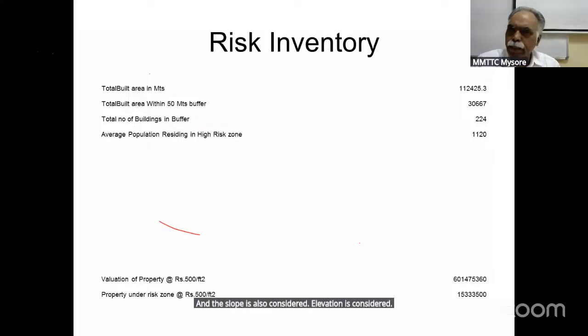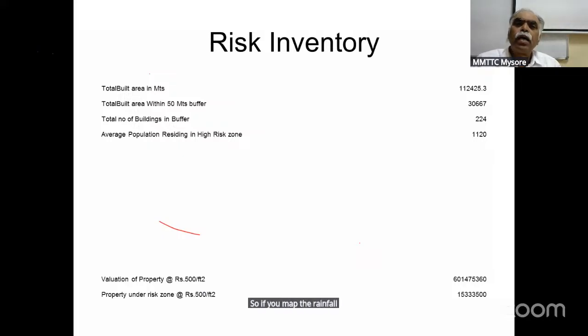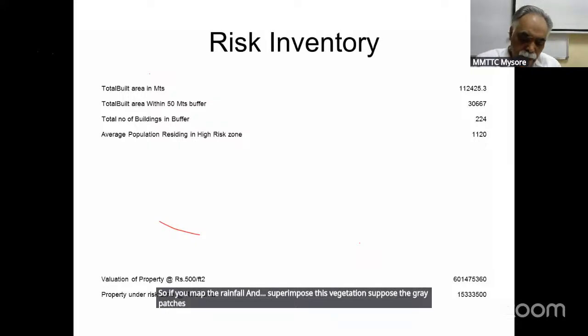Rainfall data is considered. So if you map the rainfall and superimpose this vegetation, suppose the dry patches or dry trees are located in a less rainfall area, then what you have mapped and generated from the satellite images is said to be correct.